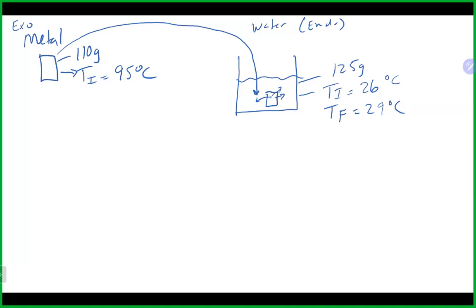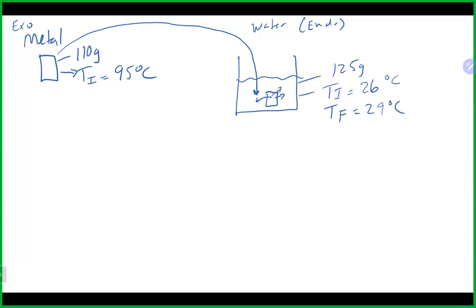Once it stops changing its temperature, what should the metal be? It would actually be the exact same temperature as the water. It's going to equilibrate with the water temperature, right? If you put something in some room temperature water, it's going to eventually come to the same temperature.